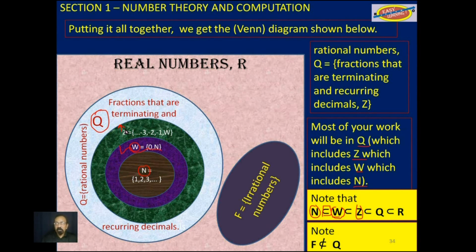Everything that can be found in Z cannot be found in W nor N. And Z is a subset of Q, which is a subset of R, real numbers. Of course, F is not a subset of Q.